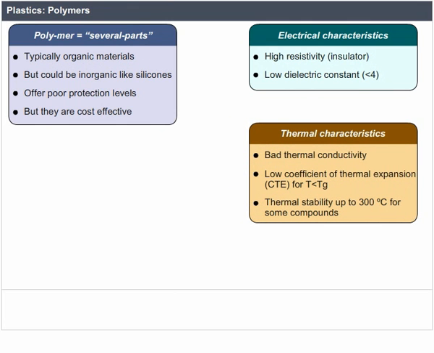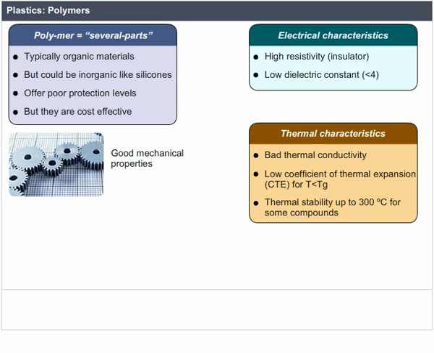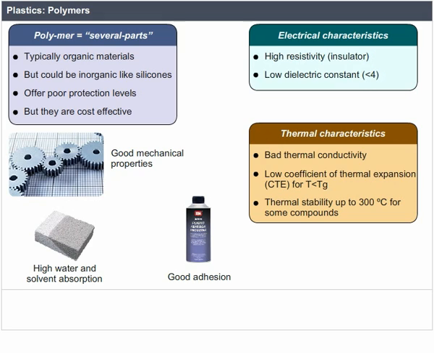Thermal characteristics: bad thermal conductivity, low coefficient of thermal expansion, CTE for T lesser than Tg. Thermal stability up to 300 degrees Celsius for some compounds. Mechanical properties: high water and solvent absorption, good adhesion.